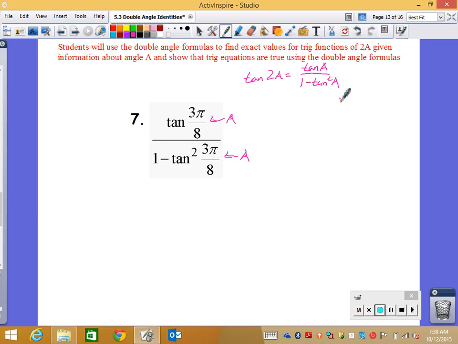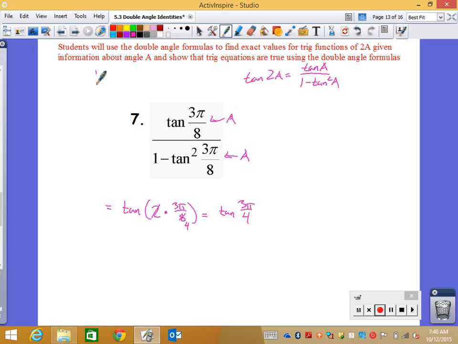So using this identity here, this is going to be equal to the tangent of 2 times my A value, or 2 times 3 pi over 8. Well, this becomes a 4 on the bottom, so the tangent of 3 pi over 4.